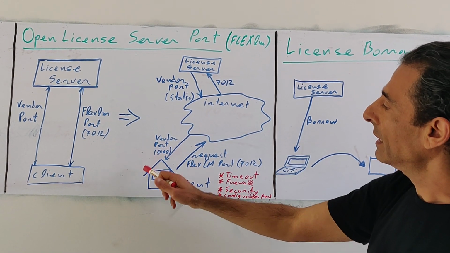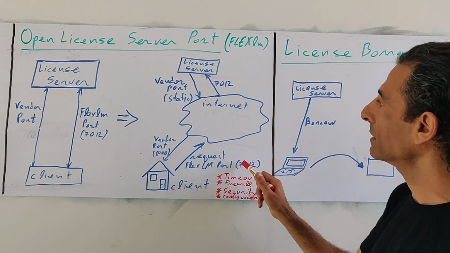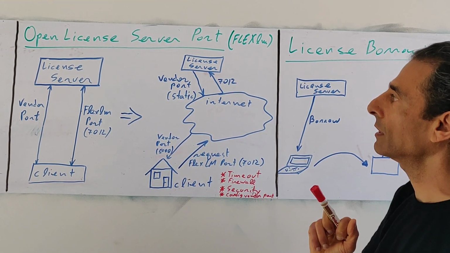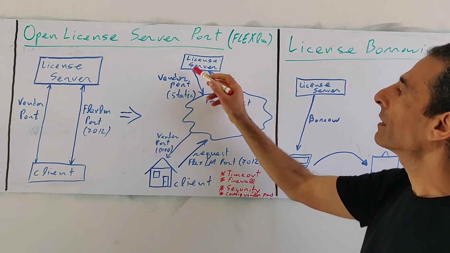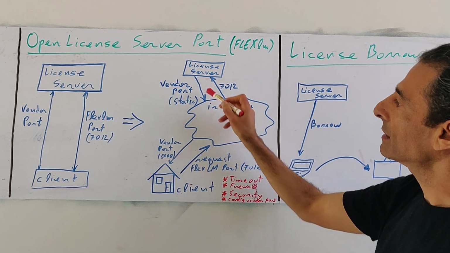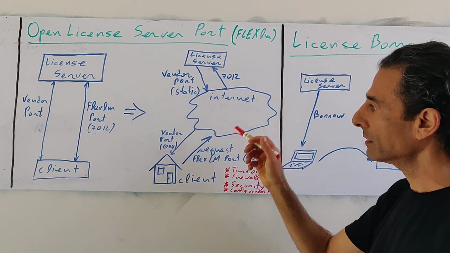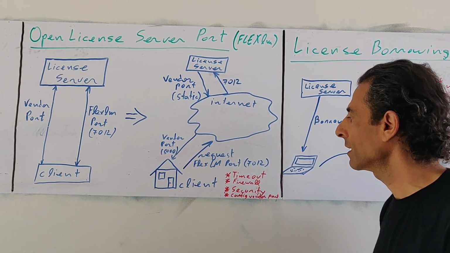Then the client sitting at home requests the license on the FlexLM port, going through the internet to the license server. Then they start to communicate on the vendor port, which is now a static setting, as we set a specific port for it. That works, we checked that.